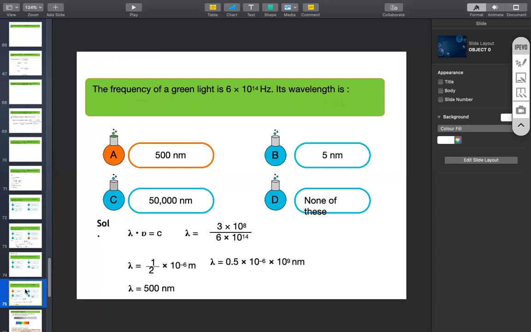Got it, guys? The answer is 500 nanometer, because the lambda you will get is in meter. You need to convert it into nanometer. Got it? Any doubt? No?